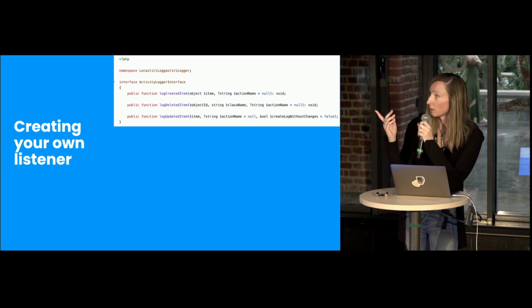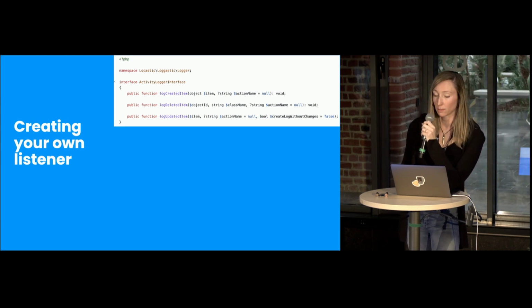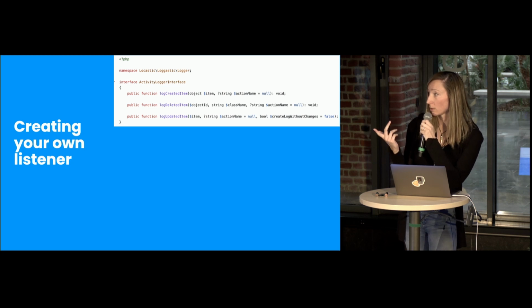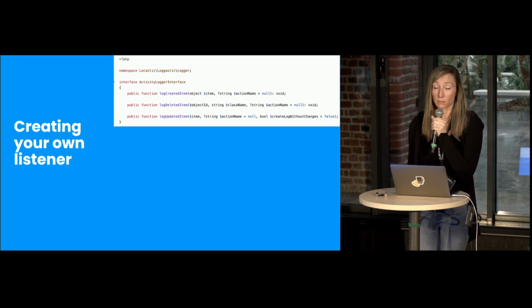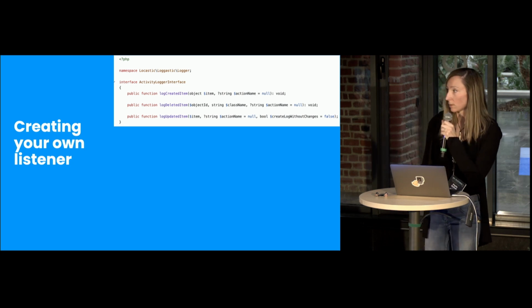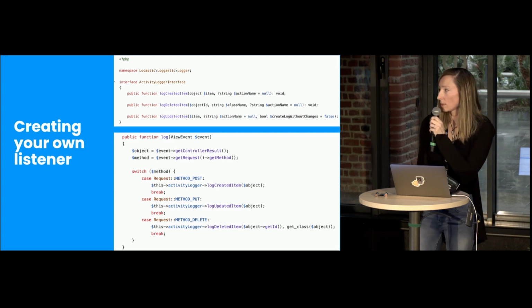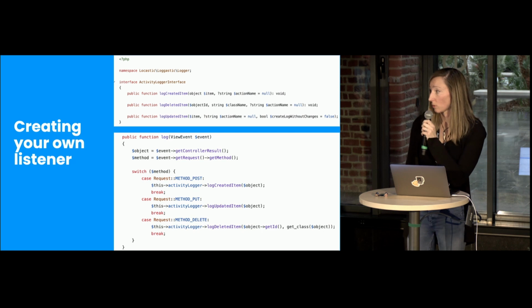Here we have the built-in activity logger service, sorry. We have three methods. We can log created item, log deleted item, and log updated item. This is something we can use to manually trigger saving logs. This is just a simple example where we switch the request method.